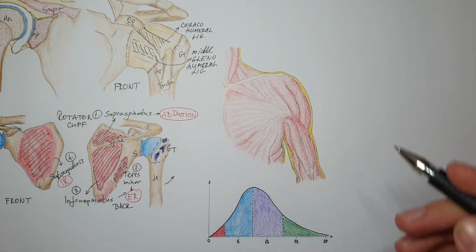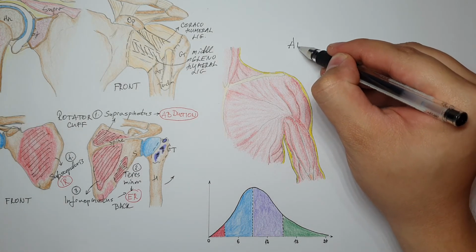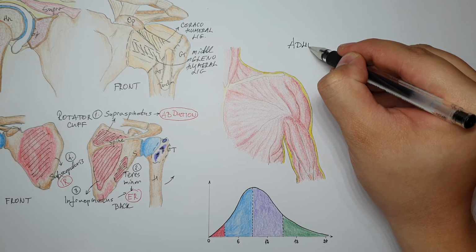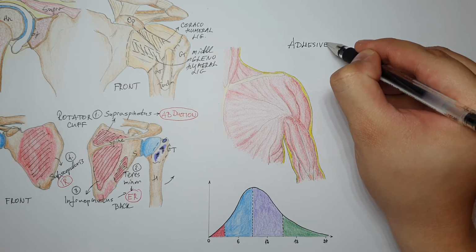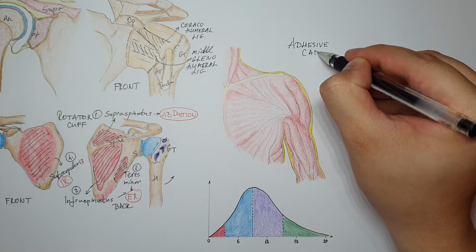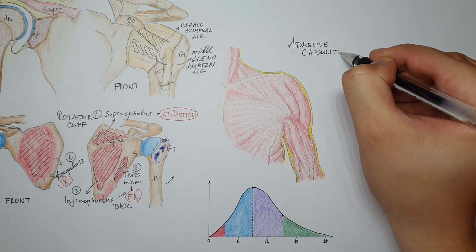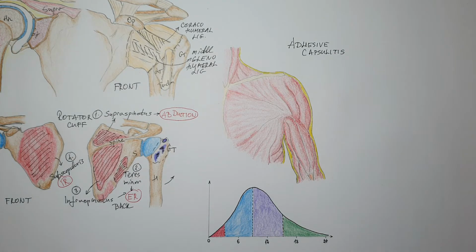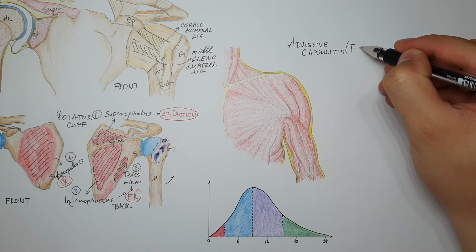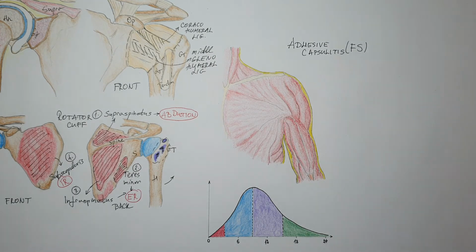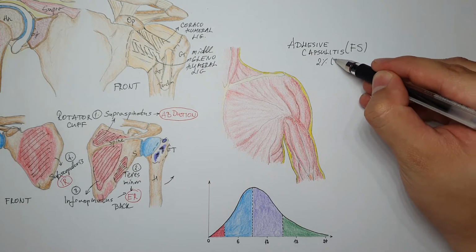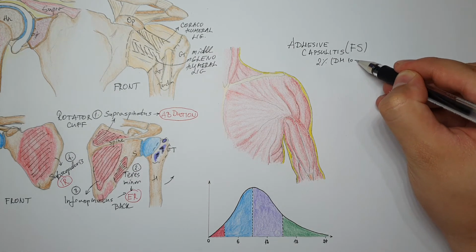The adhesive capsulitis, also popularly called a frozen shoulder, because the shoulder basically freezes up, is a disease that has a prevalence of about 2% in the population, more in diabetes mellitus, 10 to 20%.